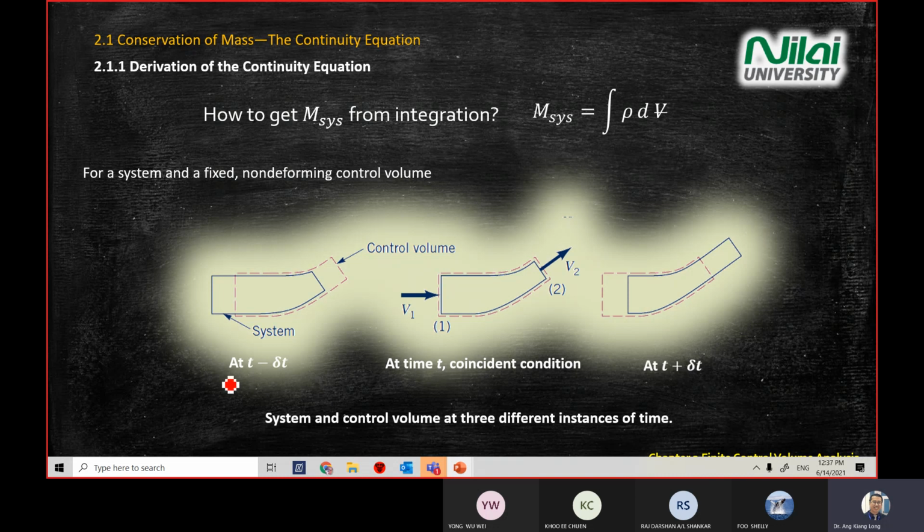Just to recap mathematically, before the incident we use a negative sign, negative delta t, and you can see the delta form here. Just now I mentioned the three forms of change of something.